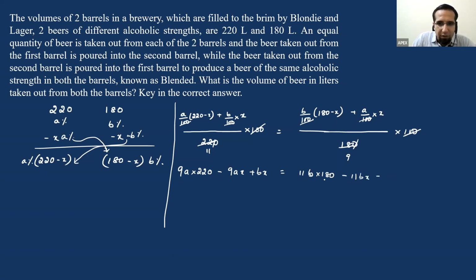Clear? So if we simplify here, right? So 9 into 220 is as good as 11 into 180 because 2 can be brought here. Okay. So if I take this as 9 into 220 is 1980A minus B is equal to, clear?